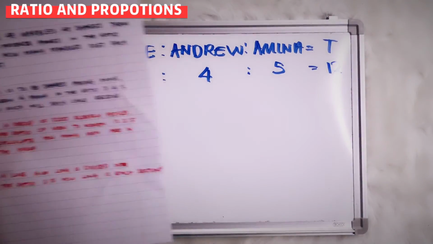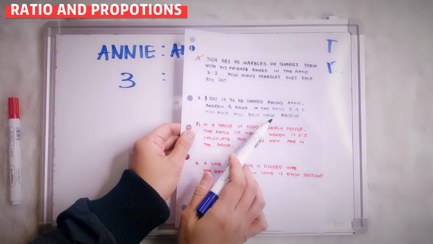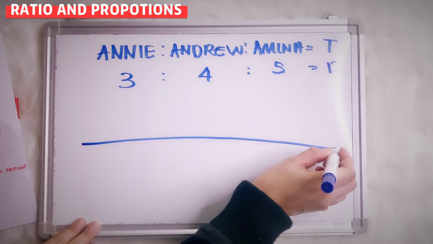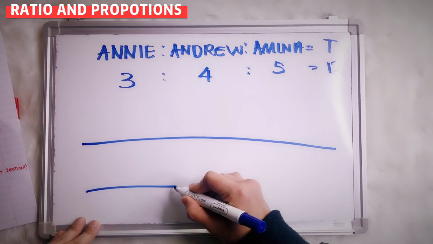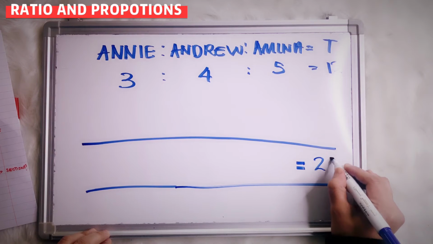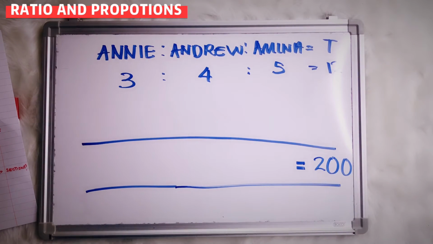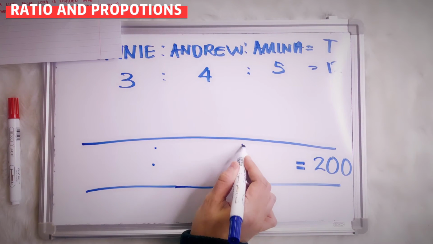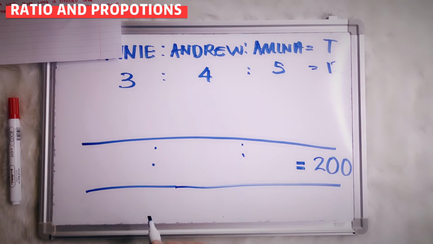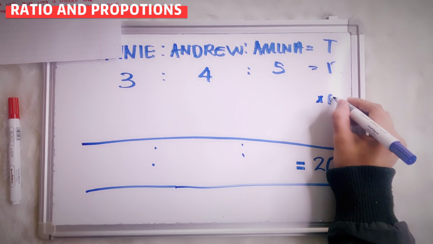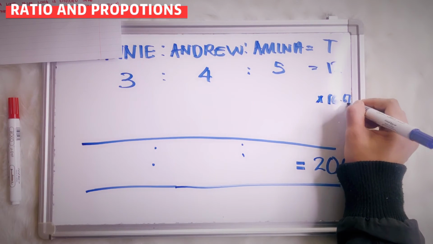Now, how much will each child receive? So now we calculate. Here we know you have $200. So now we have to find: 200 divided by 12, you will have 16.67.